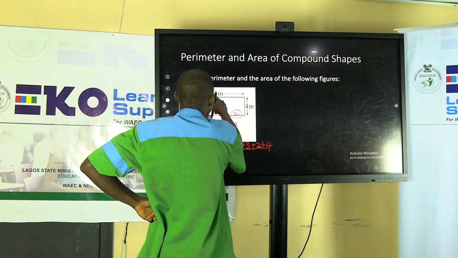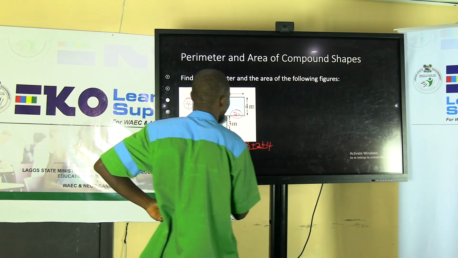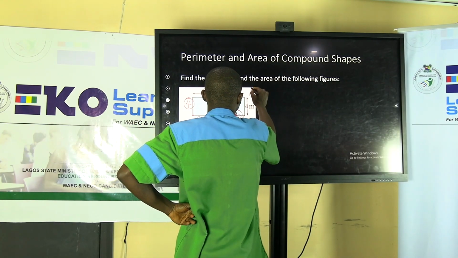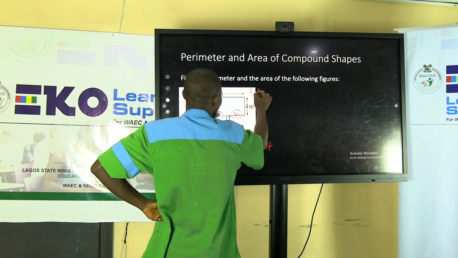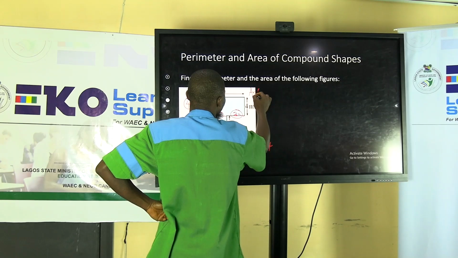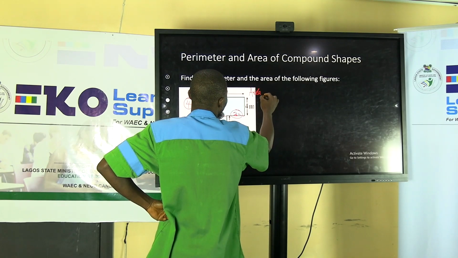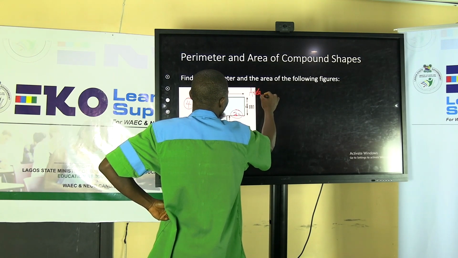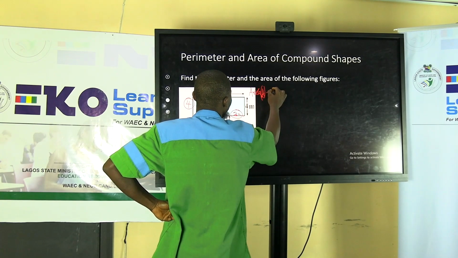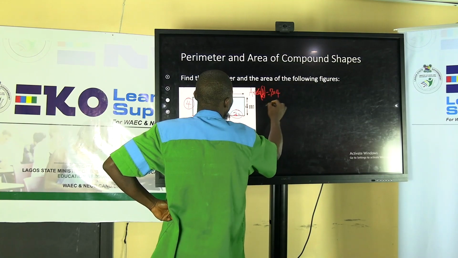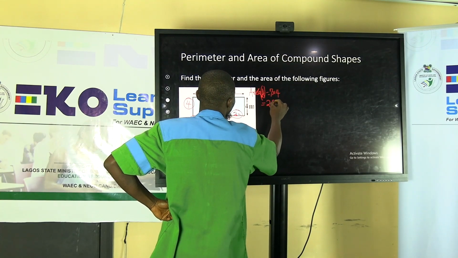So here we have 7 times 4. Area for A is length times breadth. That's 7 times 4. That's 28.